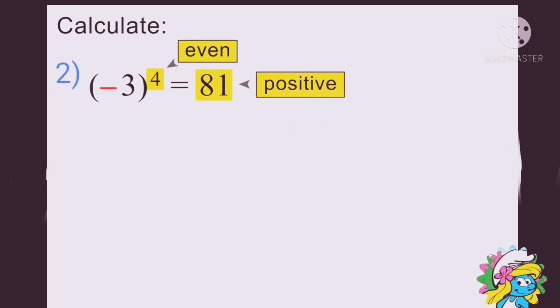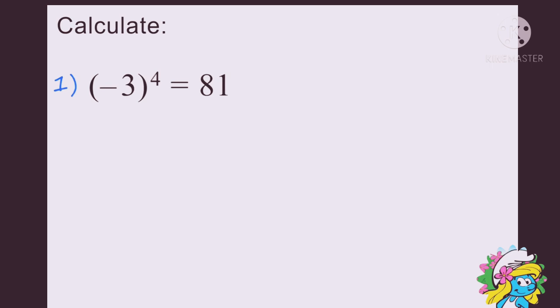When this is the case, the answer will always be positive. We have just calculated that minus 3, all to the power of 4, is equal to 81. The brackets tell us that both the minus and 3 must be raised to the exponent.